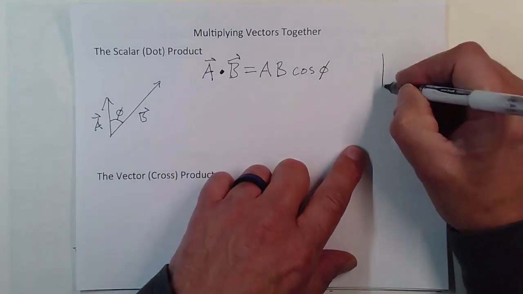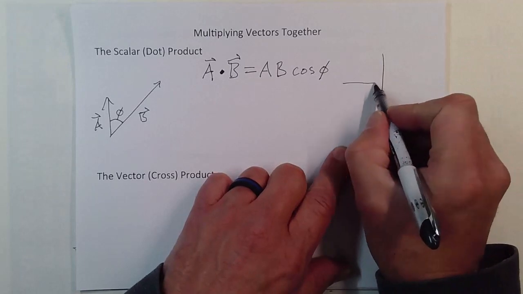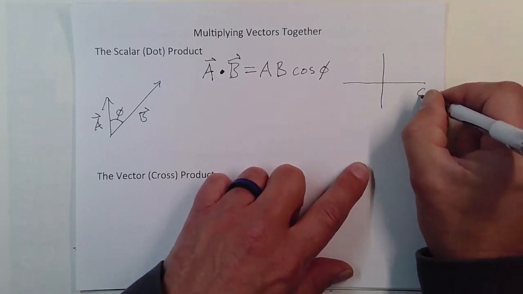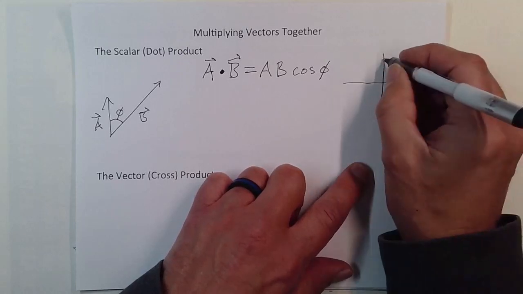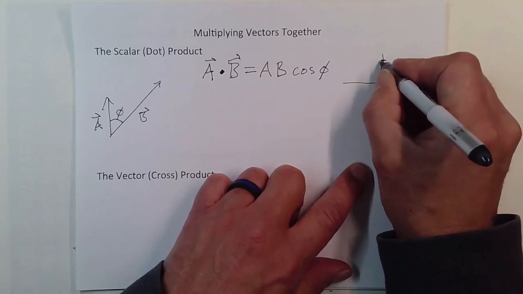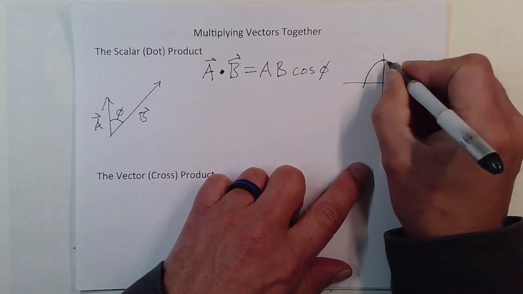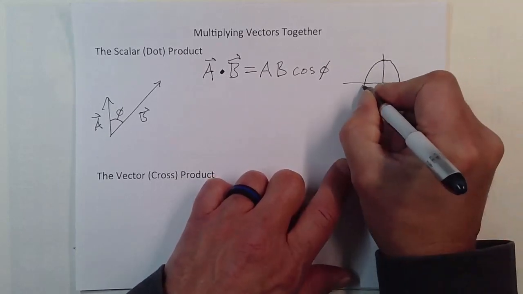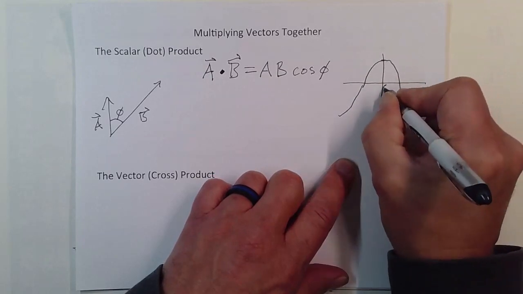However, the cosine function has this property. If this is theta on the horizontal axis, the cosine function is left-right symmetric about the origin.